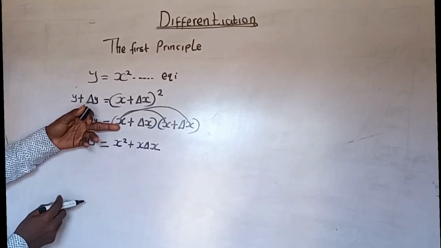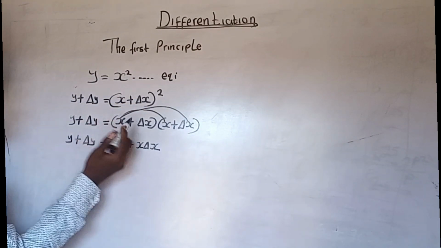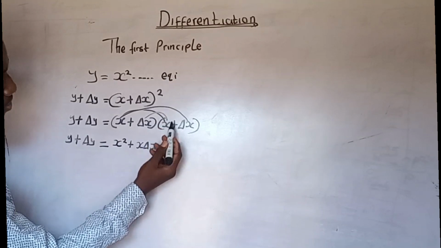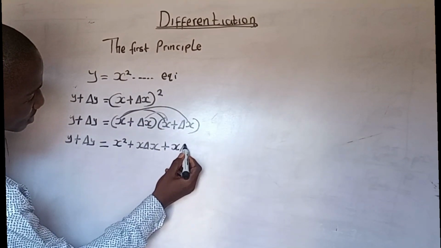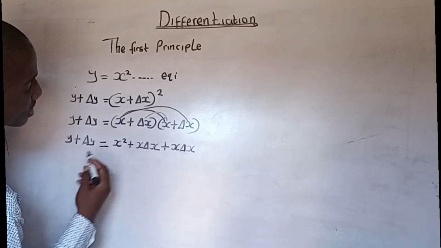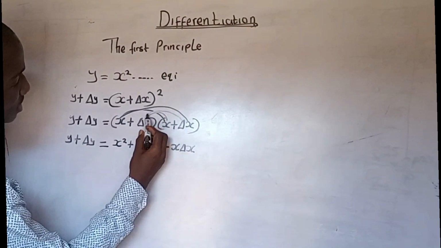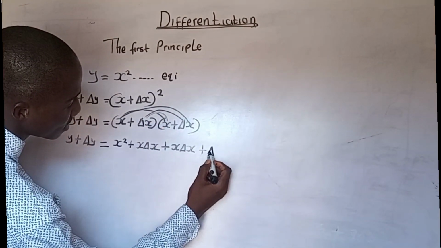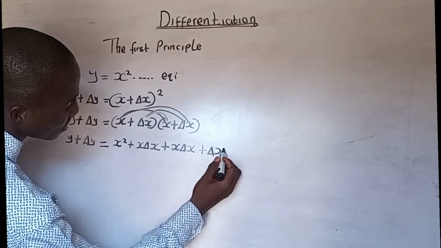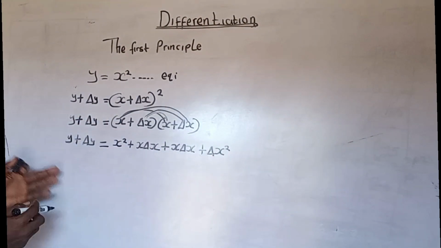So I'm done with this x. Proceeding to the second term, this delta x will multiply this x, so I'm going to have plus another x delta x. Then this delta x again will multiply delta x, so I'm going to have plus delta x squared. So I have expanded this bracket like this. Now let's proceed with our calculation.